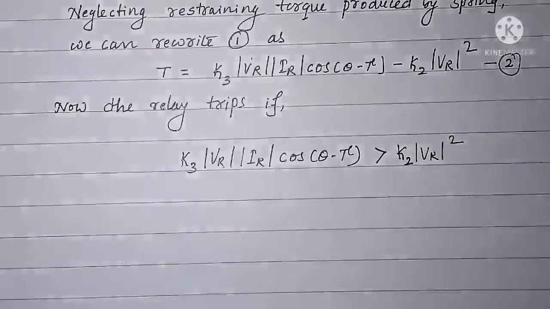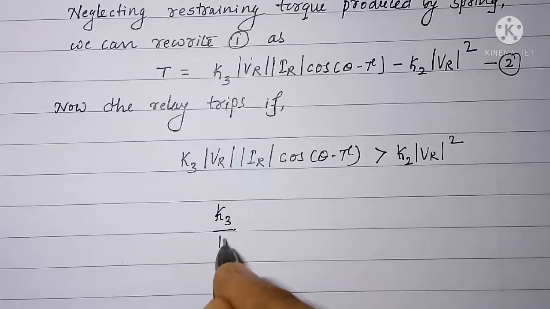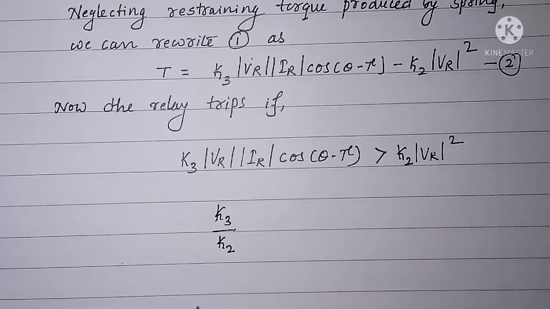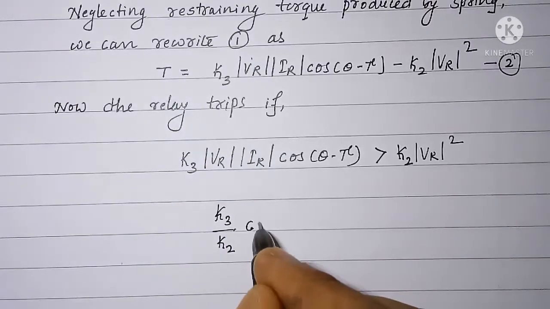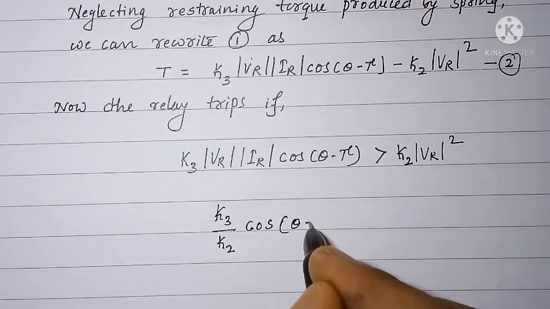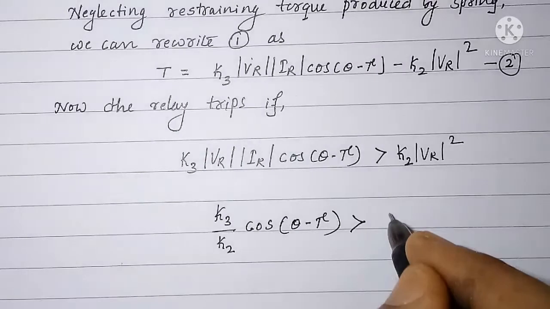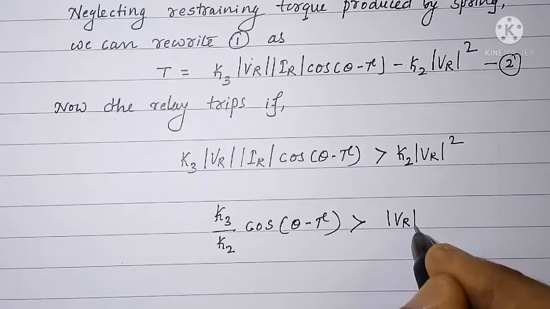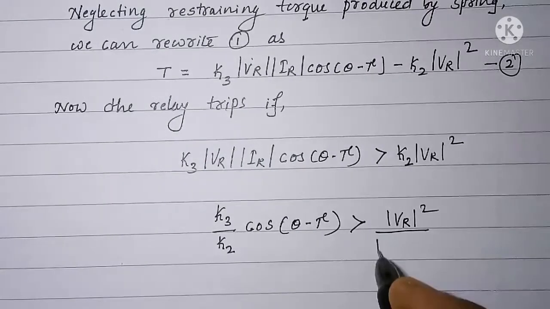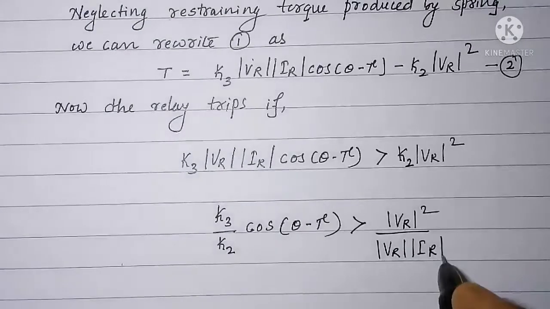We can rearrange the terms here. K3 by K2 into cos of theta minus tau greater than VR square by VR into IR we can write.